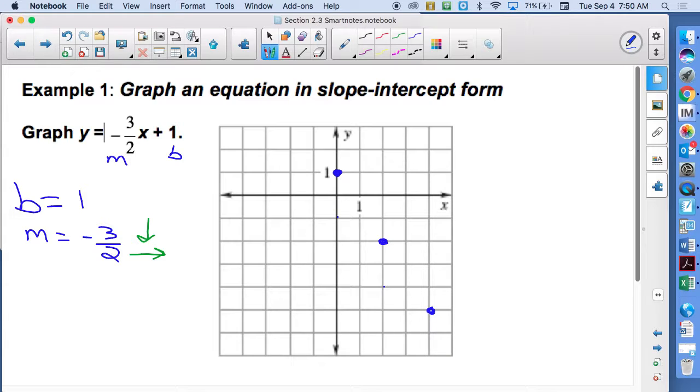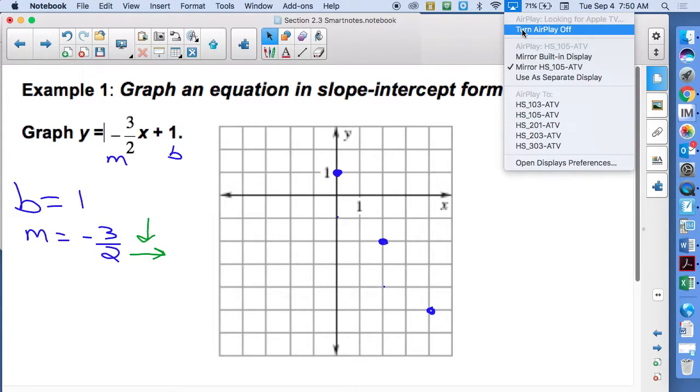And we usually plot a couple of points depending on how much we can get graphed on here. So we have space for 3 points. You can plot 3.